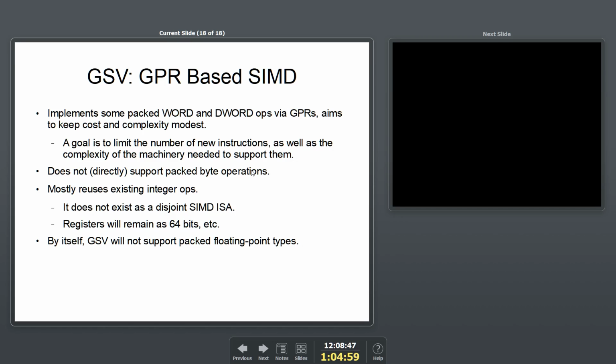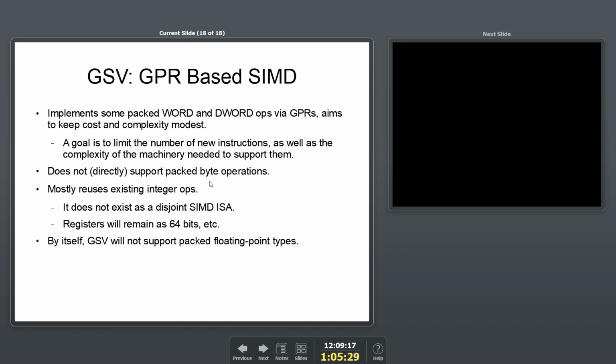But yeah, since it's using GPR operations, it can also be combined with some pseudo-SIMD strategies as well. And this can also reduce cost and the number of operations needed. Mostly reuses existing integer operations and stuff.